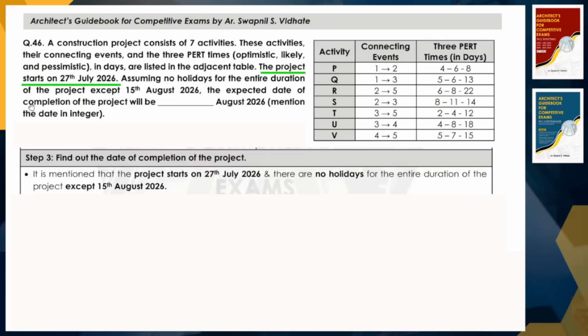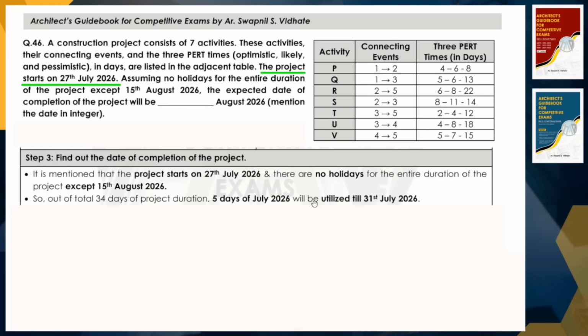In step 3 we will find the date of completion of the project. The project is starting on 27 July 2026, and it requires 34 days to complete, with no holidays except 15th August. So out of a total of 34 days, 5 days of July we can utilize for completion of the project.